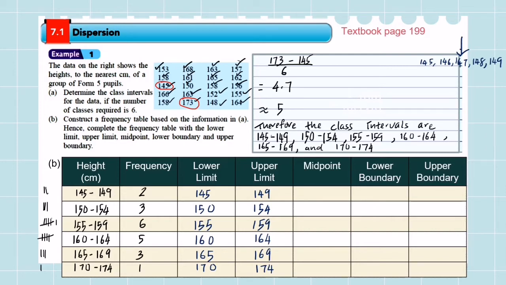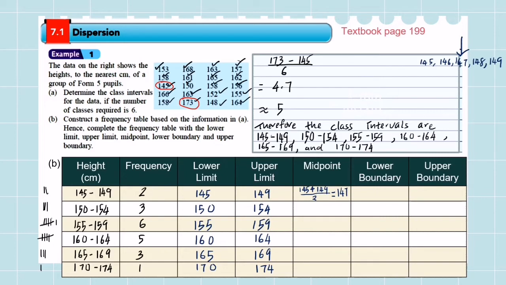But if every time we list out like this, it takes time. So normally we will count like this. The first number, the lower limit, plus the upper limit, divided by 2. So you will get 147.